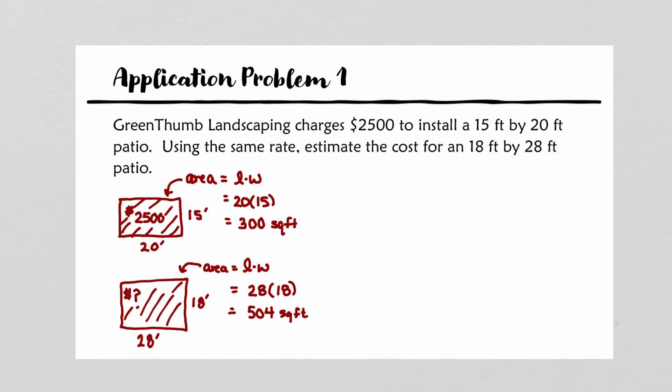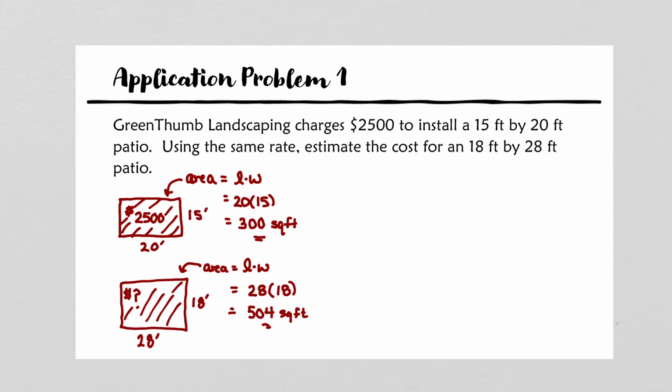Now I think we're set to do our proportion. We're going to compare the area of the first patio to its cost in a similar fashion as the area in the second patio to its unknown cost. So let's get going here.